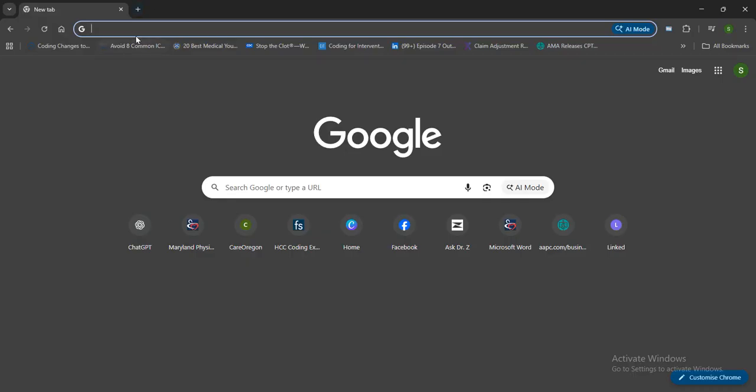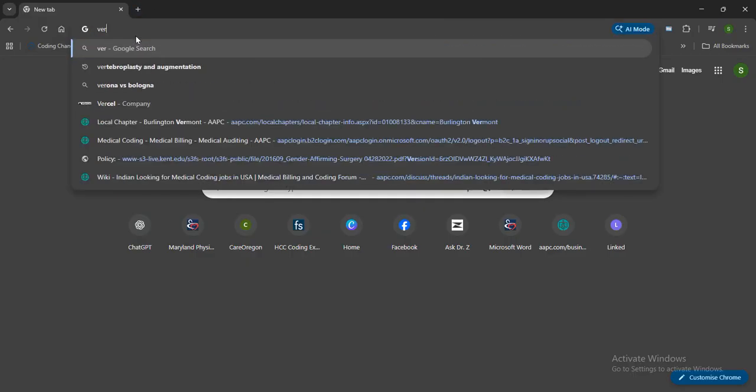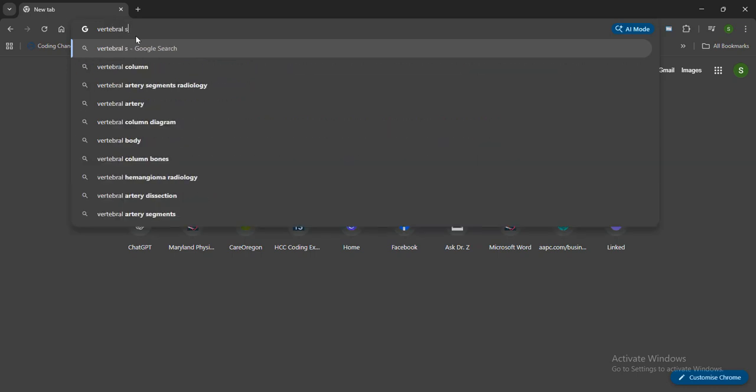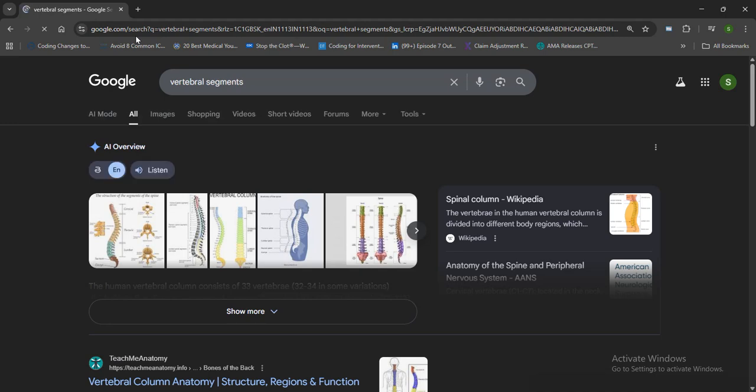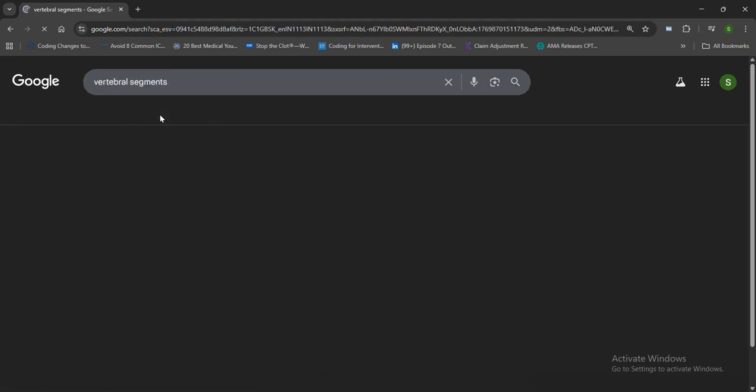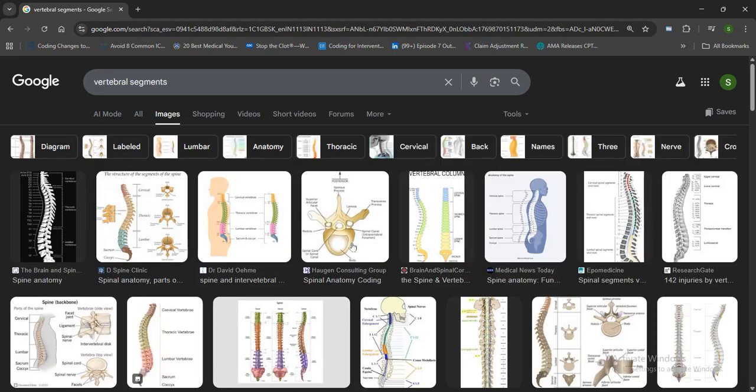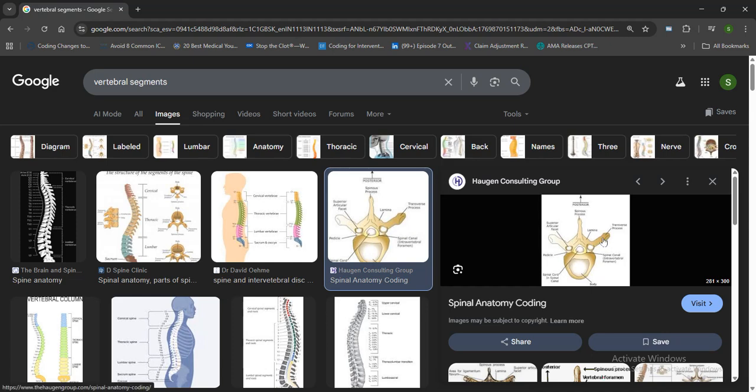Okay, we will see here. This bony part of the spine is the vertebral segment. This is the complete vertebral segment. This is the vertebral body. This is the transverse process.